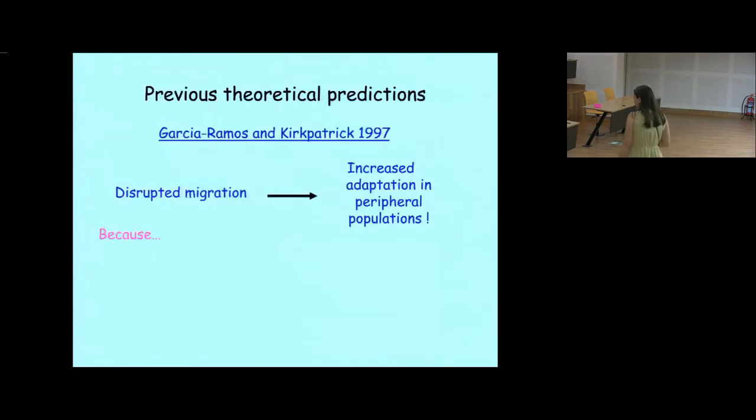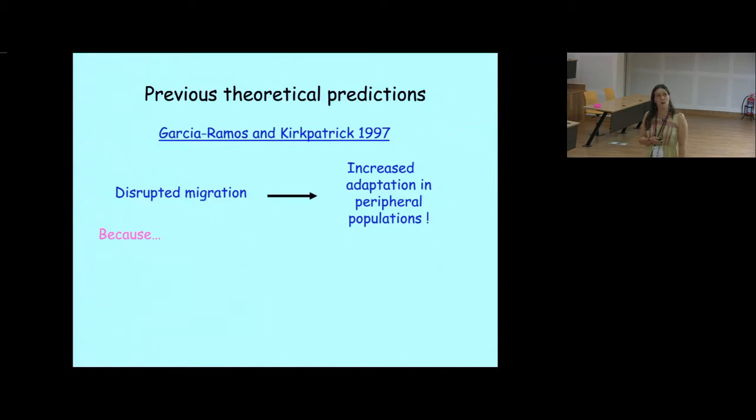So there was previously a model by Mark Kirkpatrick and Gisela Garcia Ramos with the same kind of framework, but using a deterministic model, assuming again a very large population size. And they found that if you disrupt migration, you always end up with increased adaptation in peripheral population.